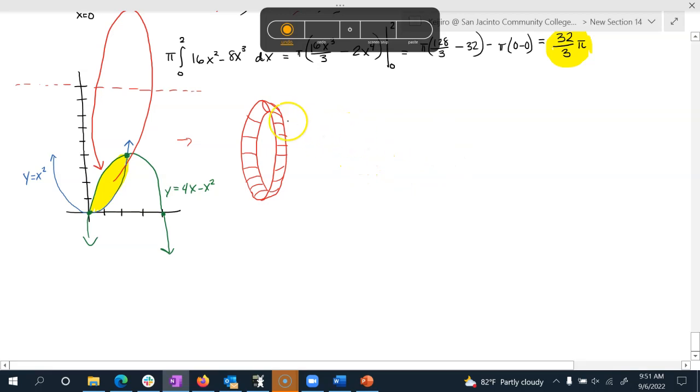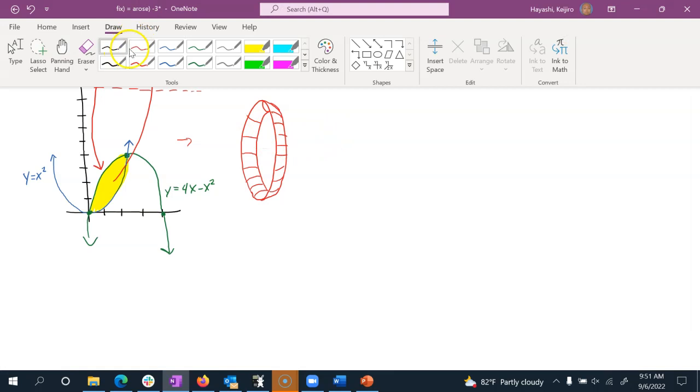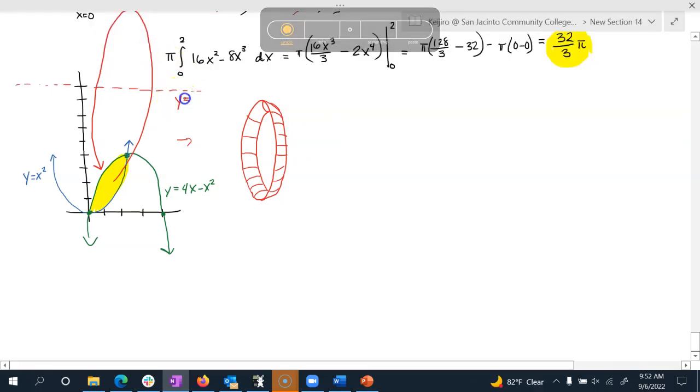Okay. So just a reminder that that axis of rotation is now y equals 9.